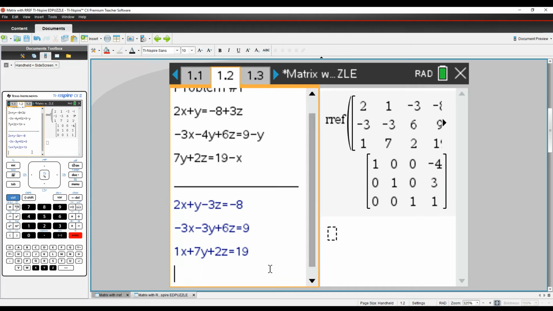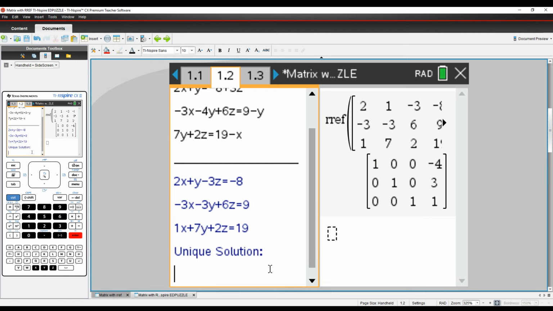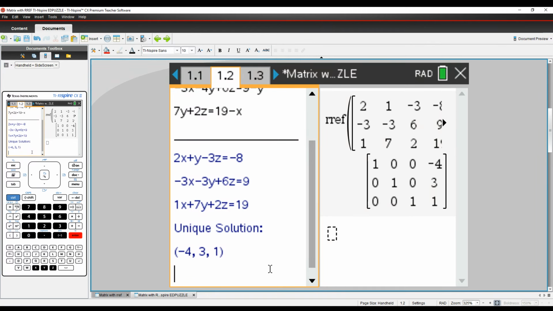So this has a unique solution, which means it has one solution. And my solution is -4, 3, 1. You might also write it as x equals -4, y equals 3, and z equals 1.